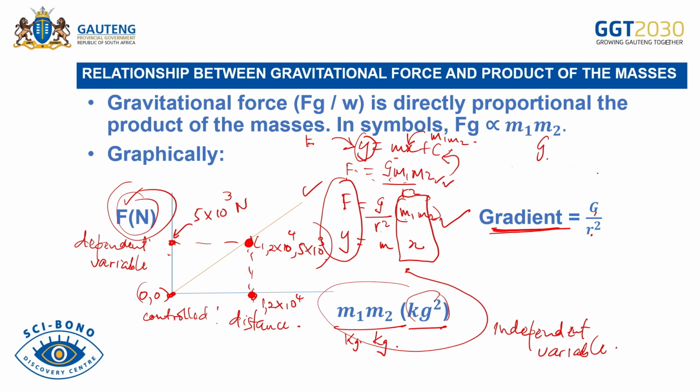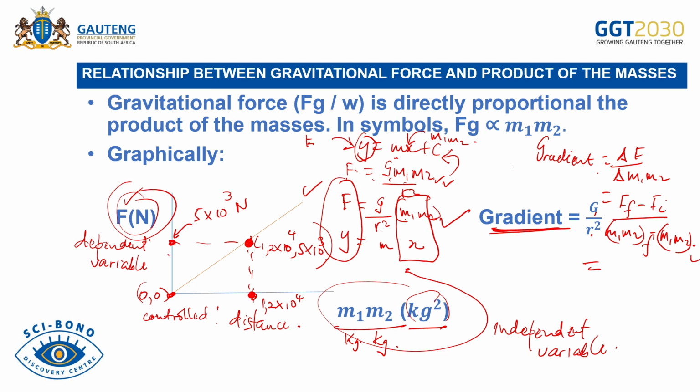So gradient will be change in F over change in M1 M2. Okay? So change in F will be F final minus F initial, over M1 M2 final minus M1 M2 initial. This is how I will calculate my gradient. I'm using those 2 points. What is my F final?